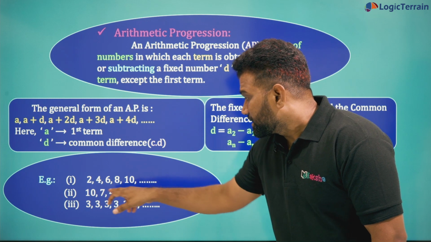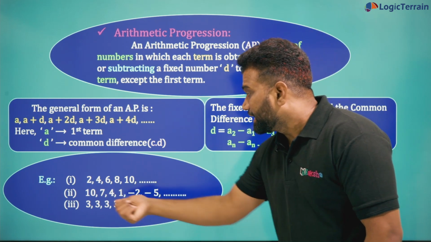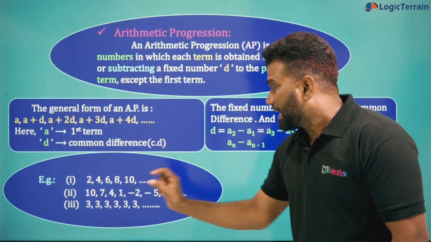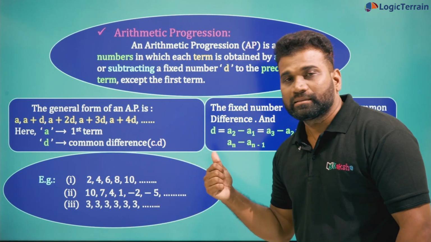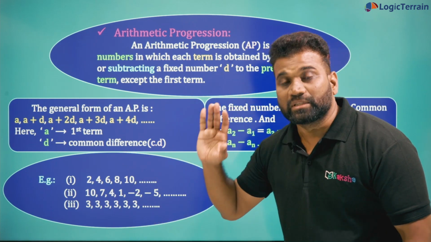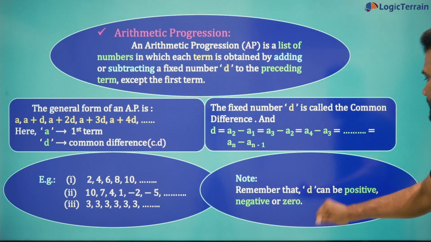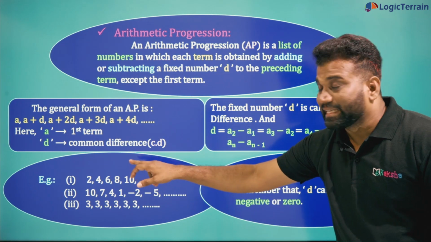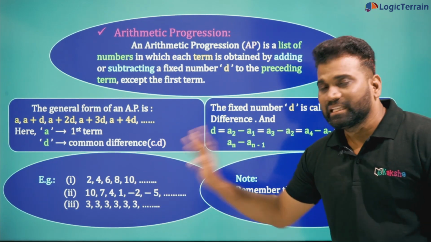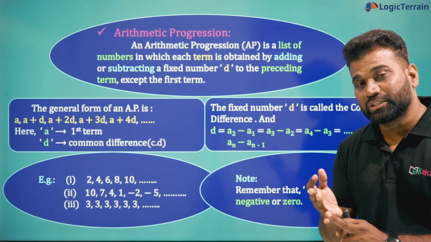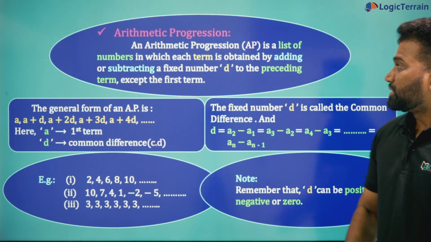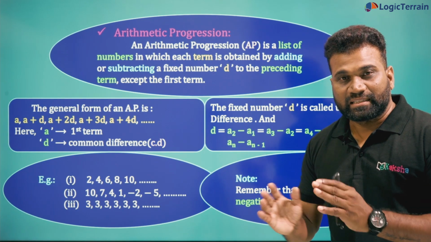In this each term is obtained by adding minus 3 to the preceding term. You can see in this all terms are equal. So, adding 0 to the preceding term we are obtaining the next term, okay. So, based on these examples we can conclude, remember that d can be positive like in the first example, negative like in the second example, 0 like in the third example. So, d can be positive, negative or what? 0 also, right?